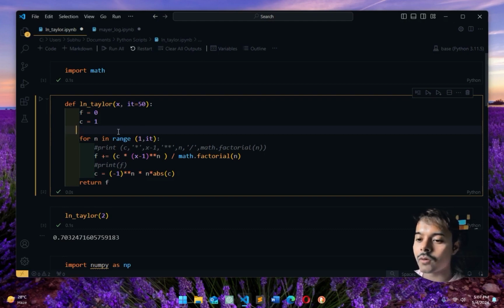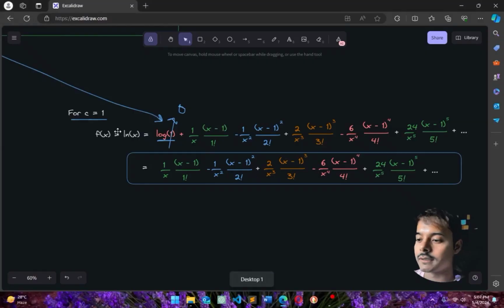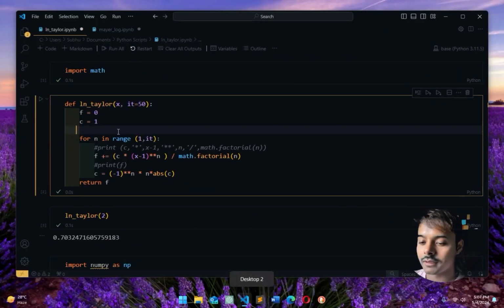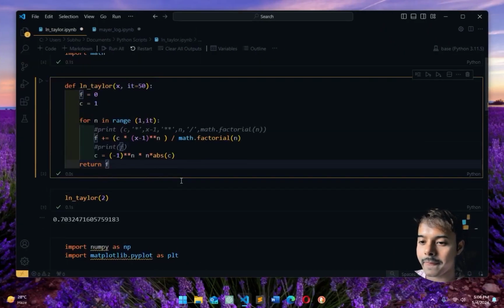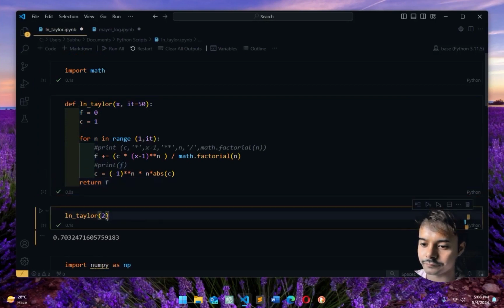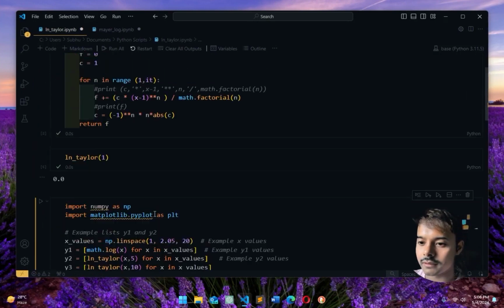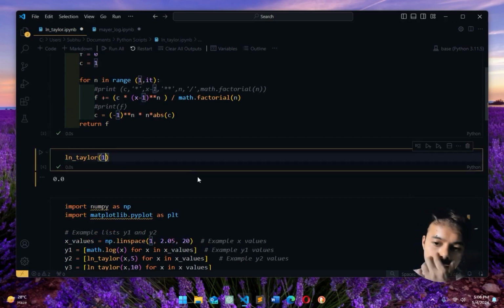If you have any questions or you really didn't understand the code or the implementation of this series, please feel free to ask me in the comments. So look, this is the value. When I put this in, it builds natural log of 1 equals 0, right?